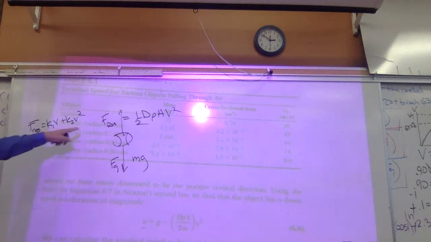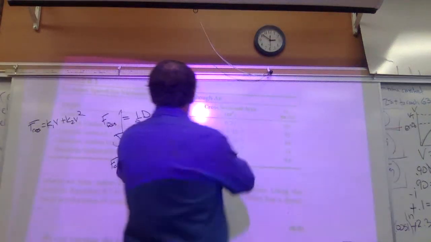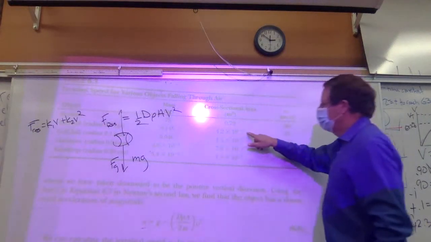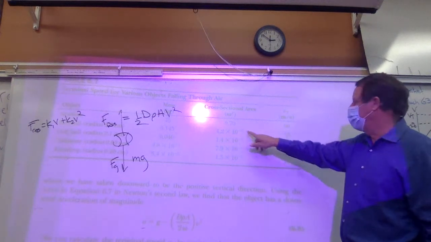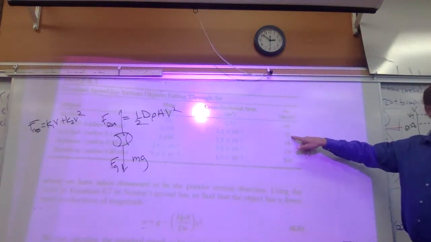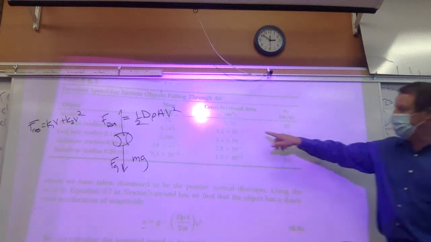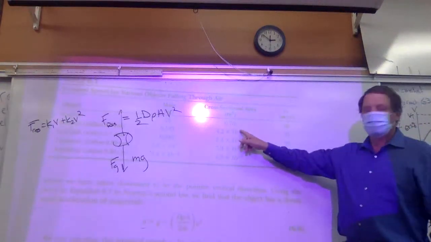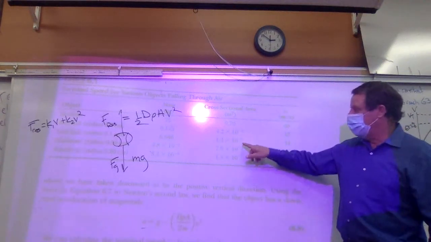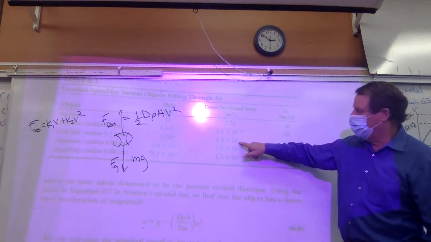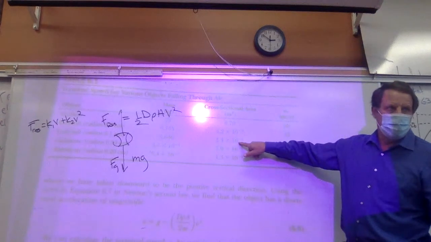So here's a baseball, there's its radius, there's its mass, which I already gave you, and here is the cross-sectional area. And right there is its terminal velocity. So we're going to need these two things. On the question of the day for the golf ball, you're going to need this cross-sectional area there.